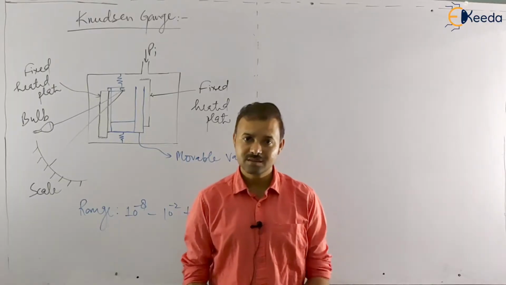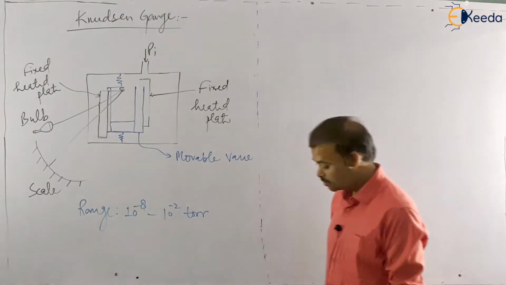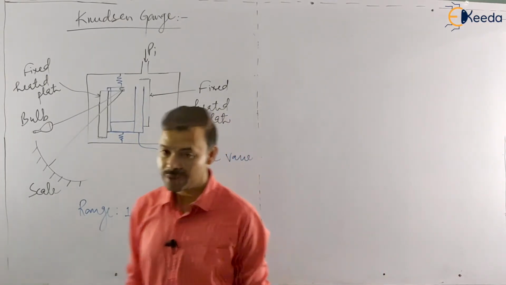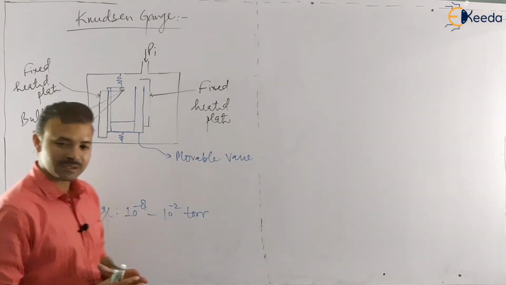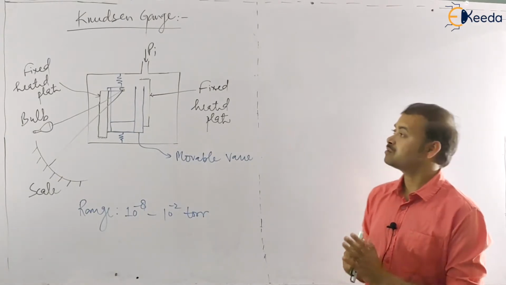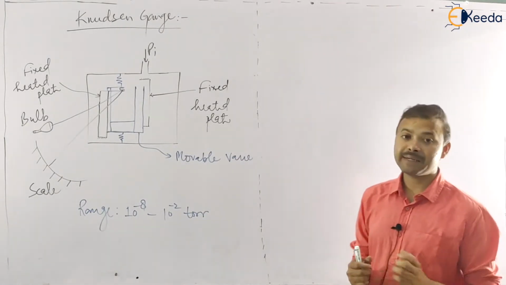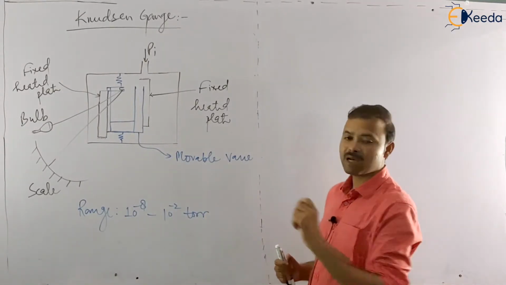Okay. So guys, this is the Knudsen gauge. Knudsen gauge is used for the measurement of vacuum pressure, and the most important advantage of this Knudsen gauge is that it is relatively independent of the gas composition, unlike the gauge we have studied earlier.